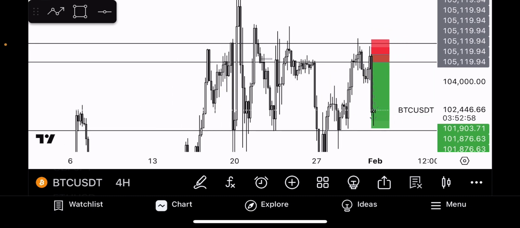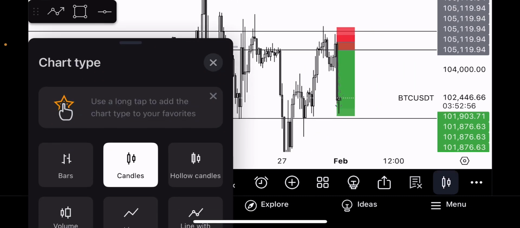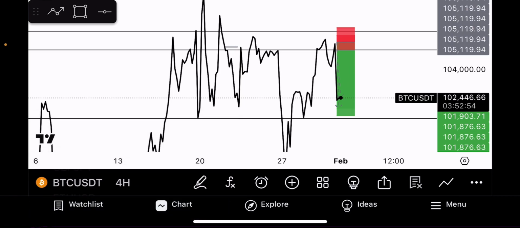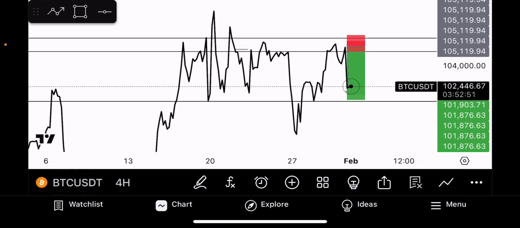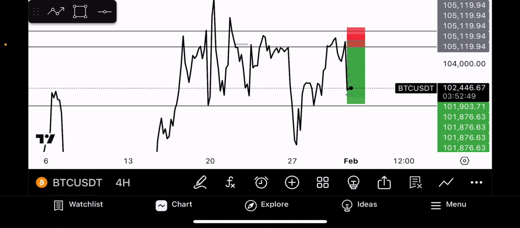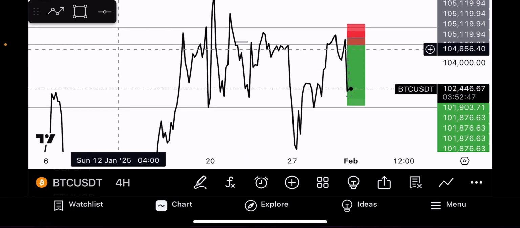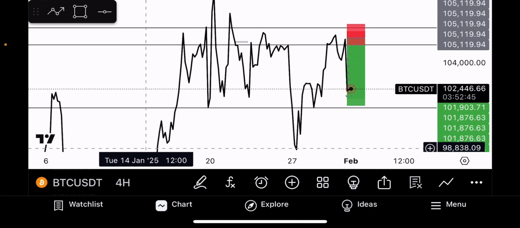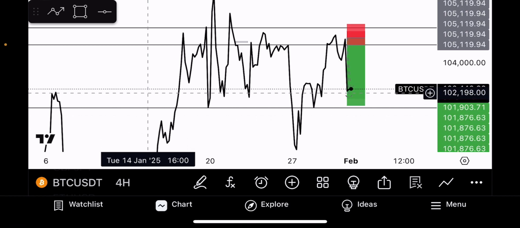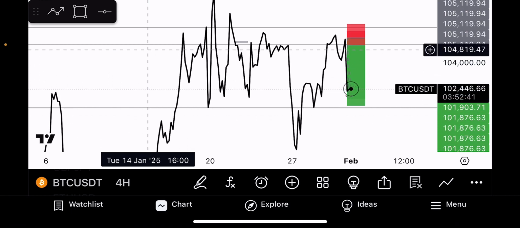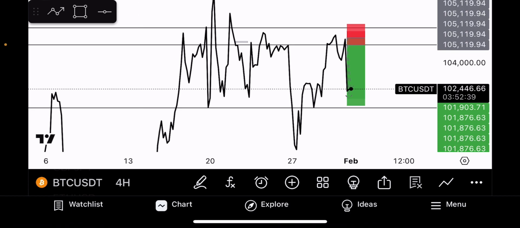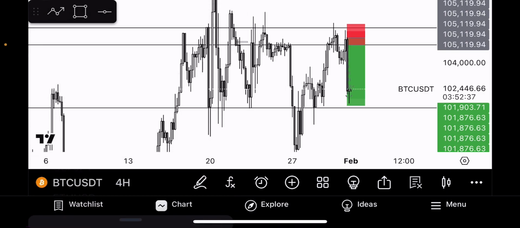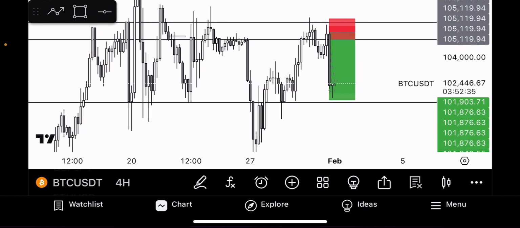So this is the 4-hour time frame. Let's go to the line chart. As you can see, this is it, broken down, came back here. Let's switch back to the candle chart.